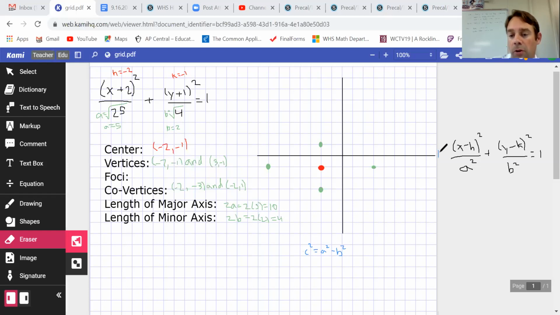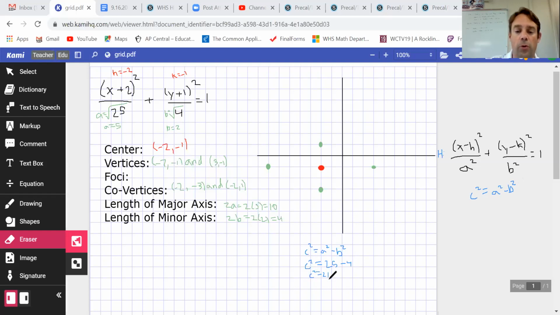This was a horizontal one right here, but no matter if it's horizontal or vertical, this always remains the same. So a squared was 25, b squared is 4, so c squared is 21.